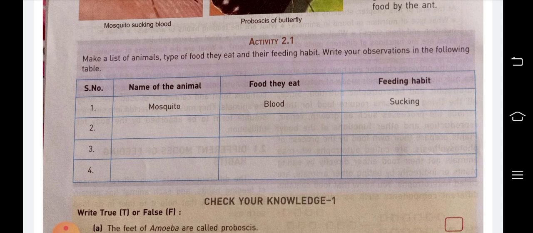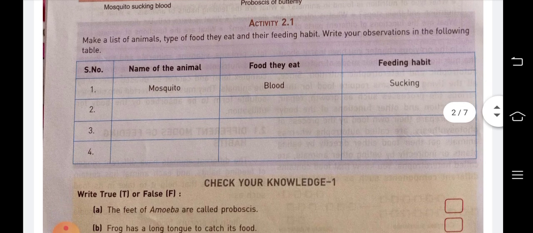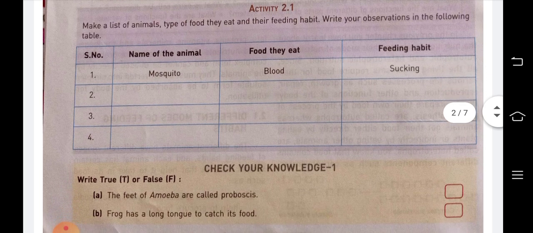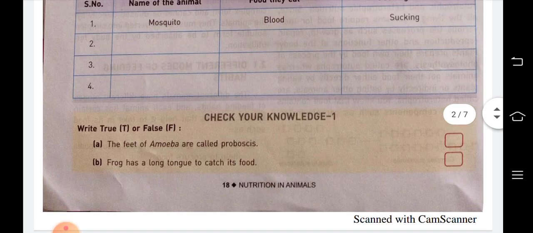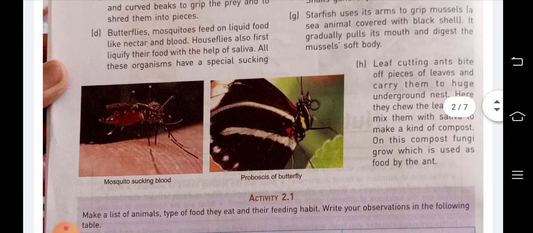One is given: a mosquito. The food of the mosquito is blood and the feeding habit is sucking. Similarly, you have to write the names of other animals and how they feed, what the food is and what the feeding habit is. So try to do this and go through the chapter.